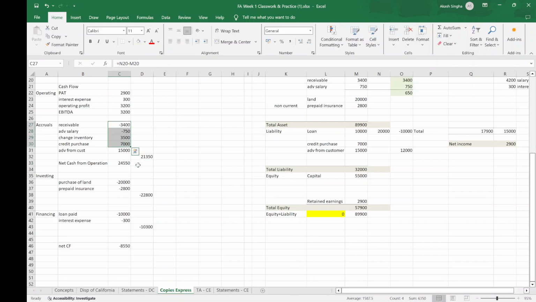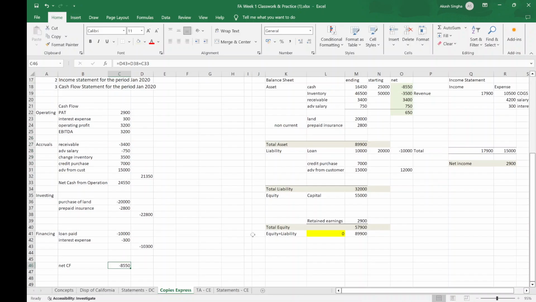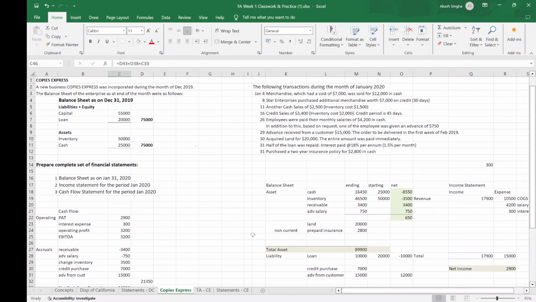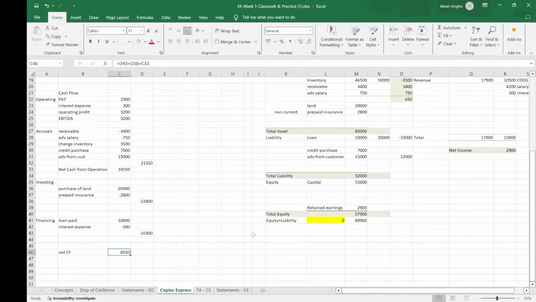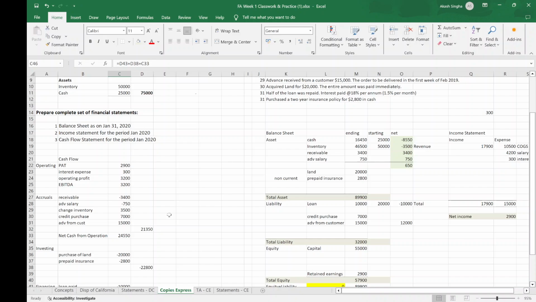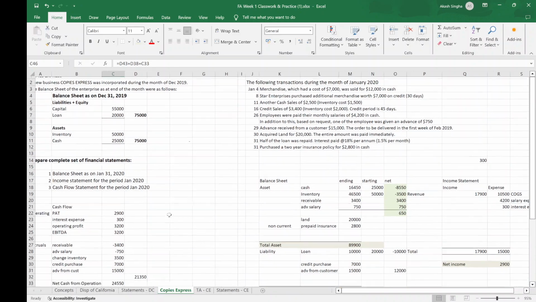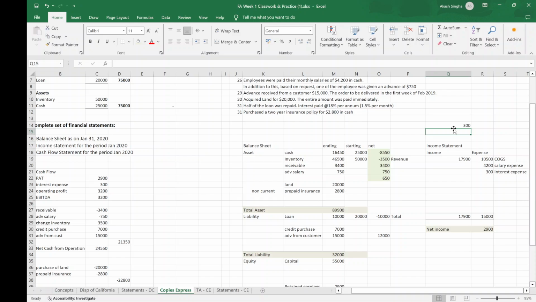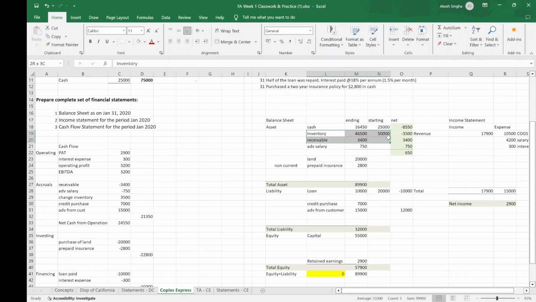So this is how we get the cash flow. I'm not doing direct; indirect is okay. We have to take care of everything. So one thing I missed was the change in inventory. In accruals, you have to take change in inventory and change in receivable.